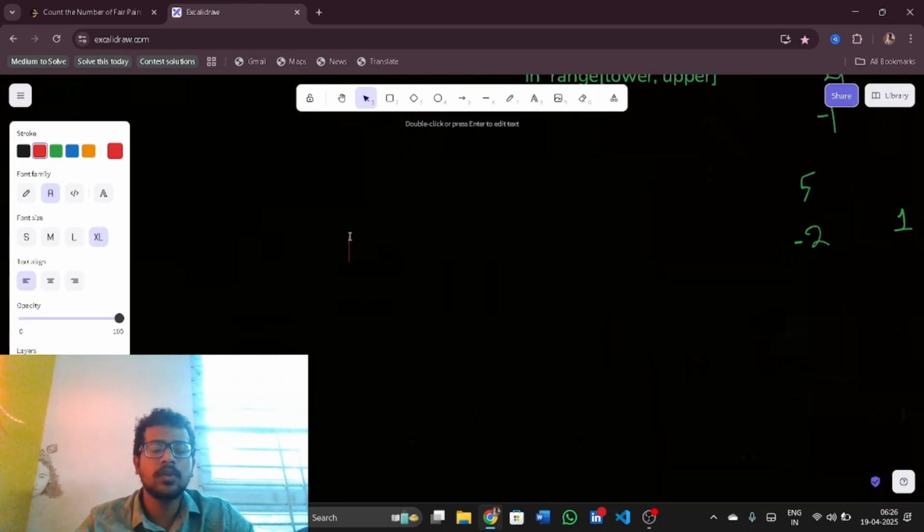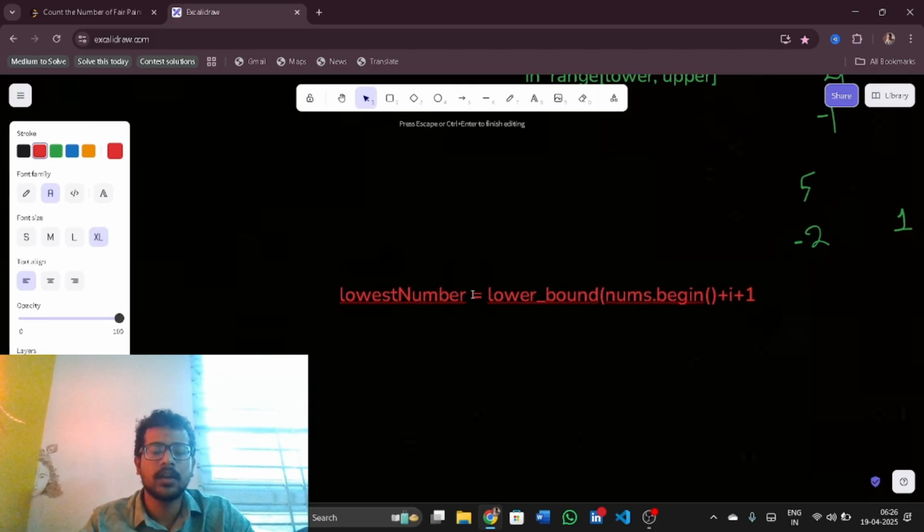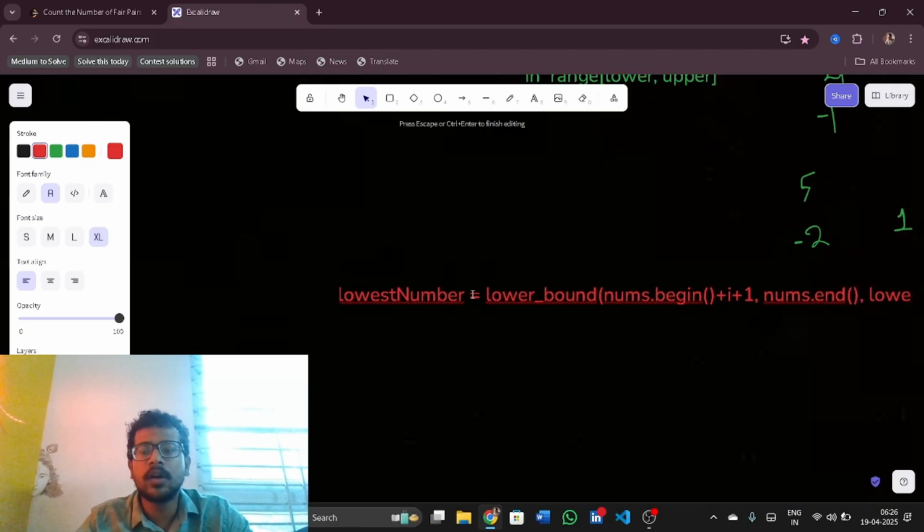Now as I am saying, the lowest number will be coming like lower bound, right? Lower bound of nums dot begin plus I plus 1. That means I am searching after the current index I, right? Nums of I plus 1 until nums dot end. And what I am searching for is the low number.